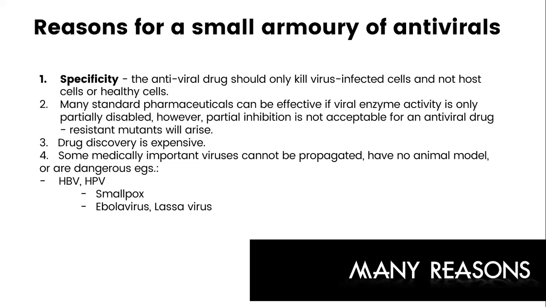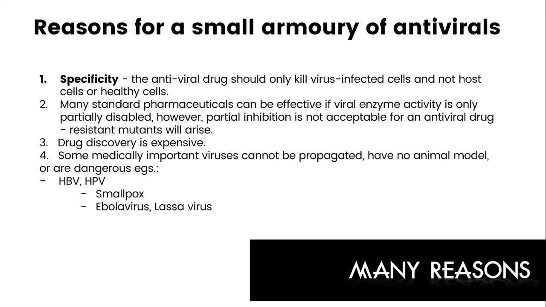But we can't just go with partially. It has to be fully effective, because otherwise you get more mutants being developed. The third one is that drug discovery is expensive, and I have a subsequent slide that shows the different steps and how expensive it is. So yes, you could think, okay, we could do that, but it needs to be funded.